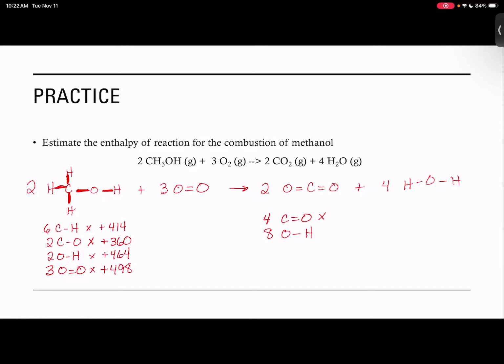Negative. So we would have a negative C double bond O of 736 and a negative OH, which is going to be a negative 464. Now that I've recorded all this, I would do the math.